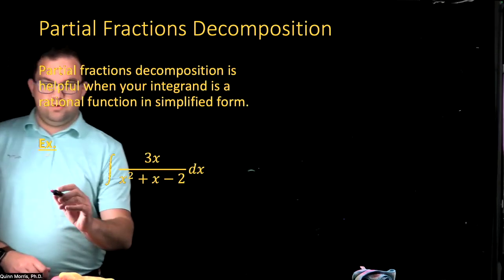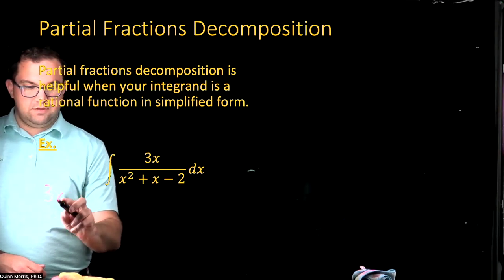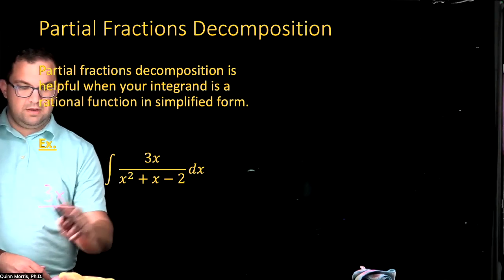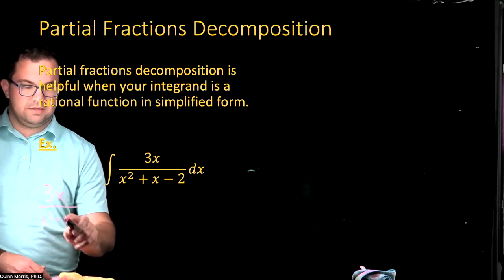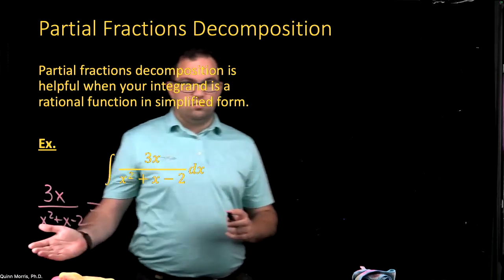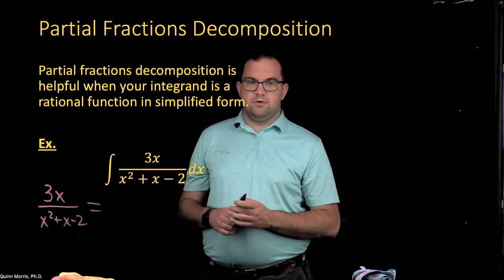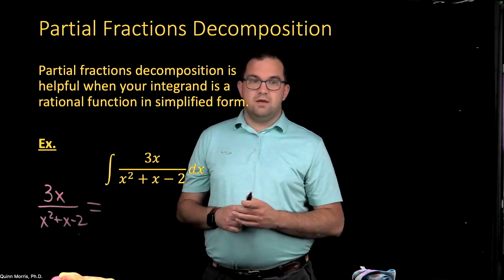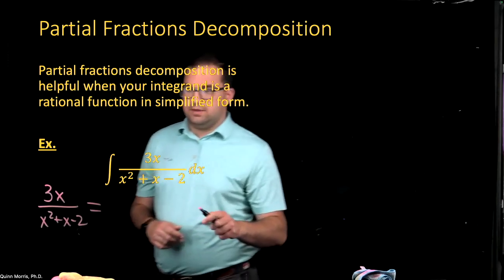So the first thing I want to do is take 3x divided by x squared plus x minus 2. And the first thing I want to ask myself is, what is the form of the denominator? So in this case, I have a quadratic, but it is reducible. I can factor it.